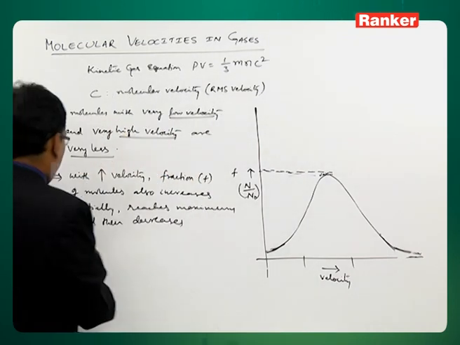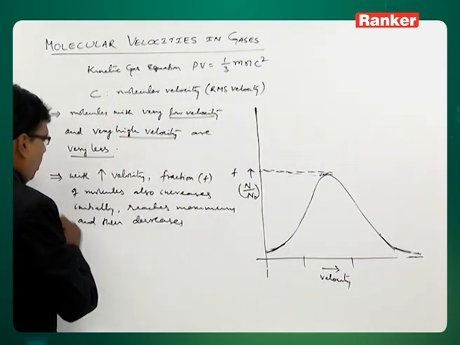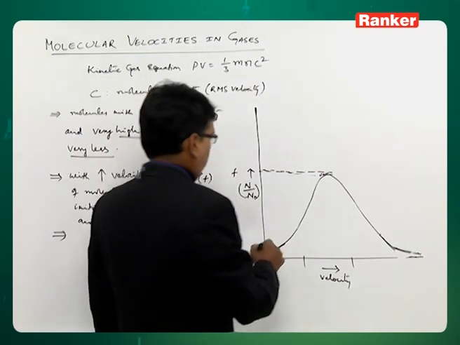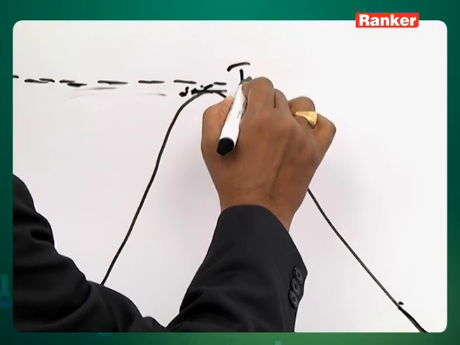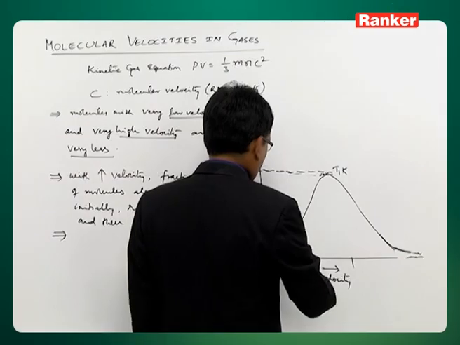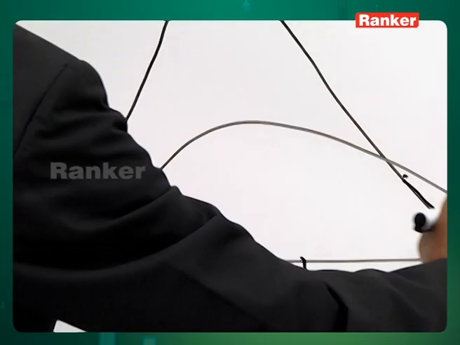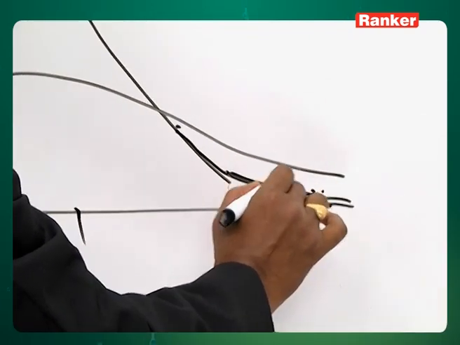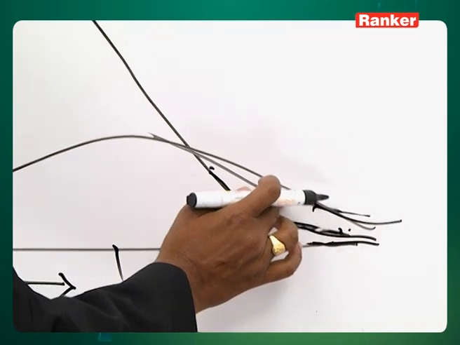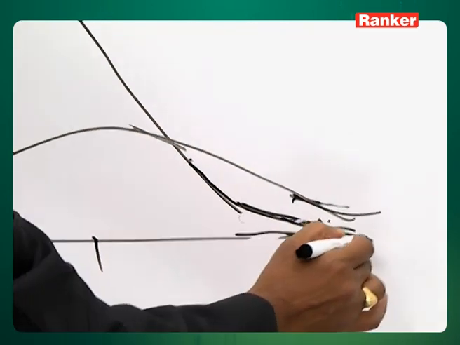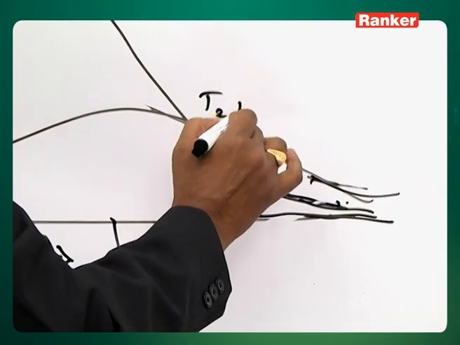Another thing is that if you draw another graph at another temperature, this graph is at a particular temperature T1 Kelvin, and this is the graph at temperature T2 Kelvin.